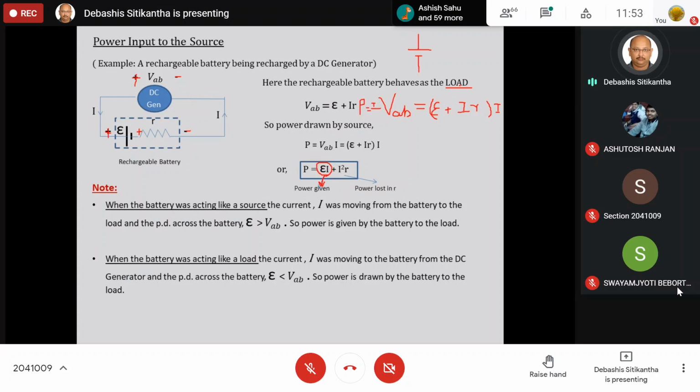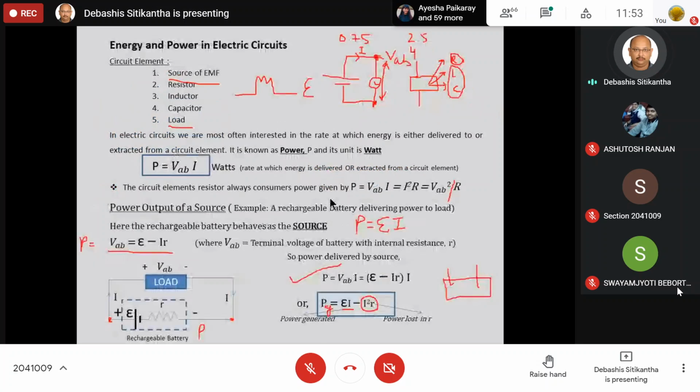Now if you have a minute look at both these cases, the first case is when the battery or the source is giving power to the load. In this case, you can see the potential symbols, here it is plus, here it is minus, here it is plus, here it is minus, but you will see the direction of the current to be in this direction.